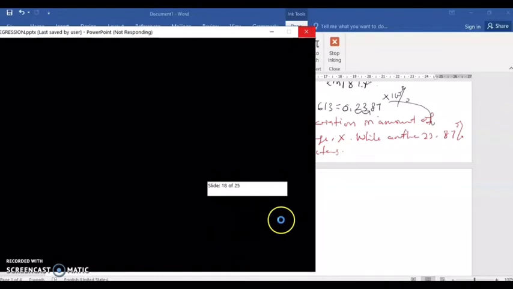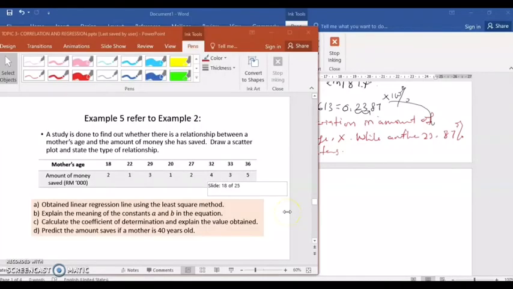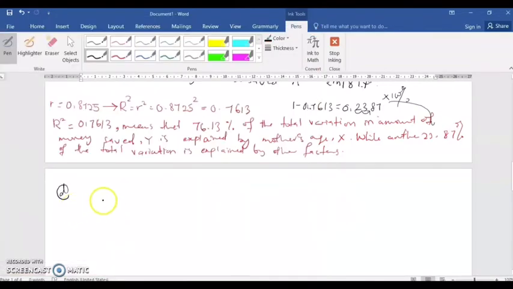So the estimation for the money should be, okay, this one is to predict the amount saved if a mother is 40 years old. Okay, so based on this, you plug into our model, which is our regression equation.